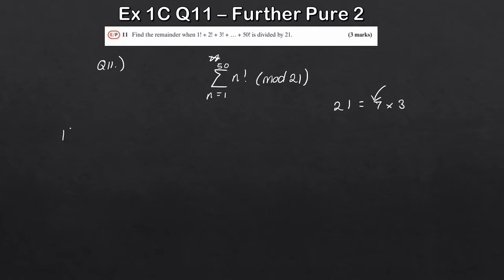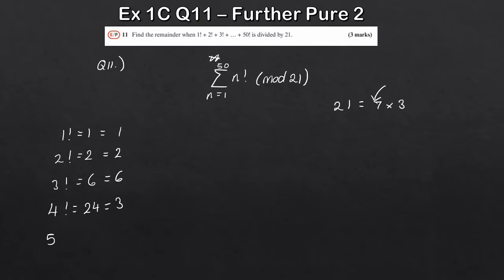1 factorial is equal to 1, which is equal to 1 mod 21. 2 factorial, 2 times 1, which is 2 again. 3 factorial is 6, which is equal to 6 mod 21. 4 factorial is equal to 24, which is equal to 3 mod 21.